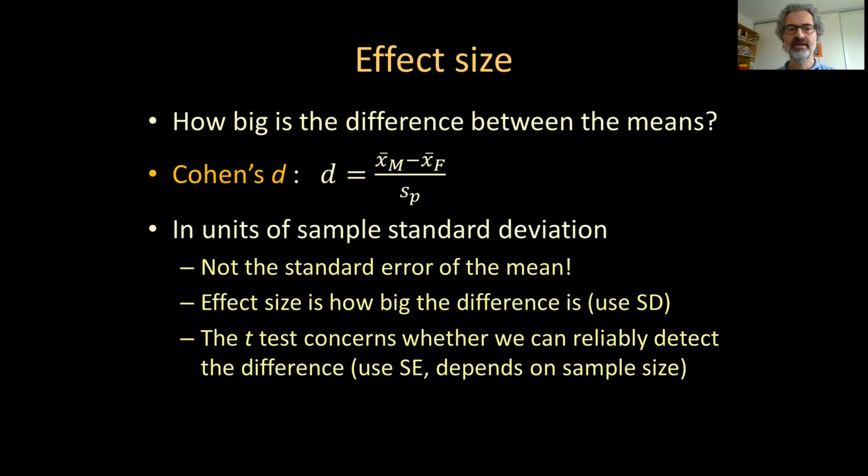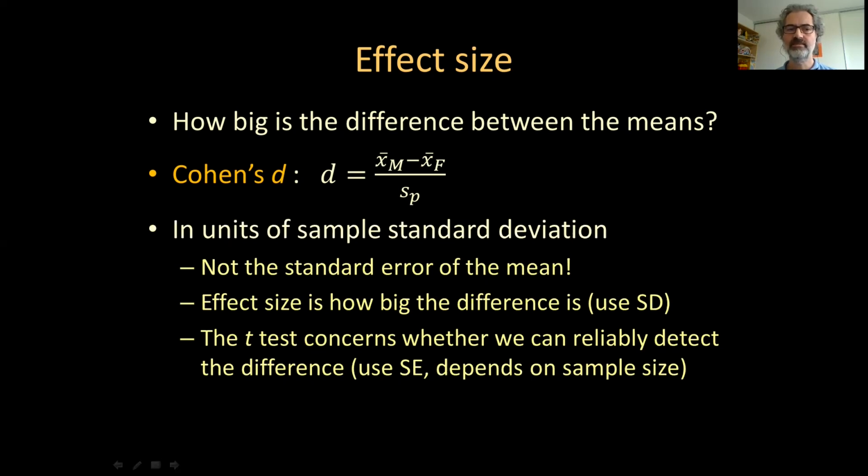When we use the standard deviation here, we are dividing the difference between the means by the standard deviation. So this answers the question, how many standard deviations apart are the two means? That's how we measure the size of the difference.